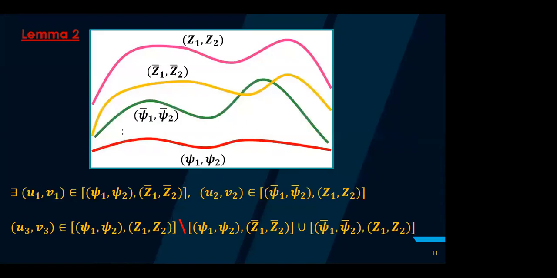Here is the second lemma that I want to state. If we have a small sub-solution psi1, psi2 and a bigger super solution z1, z2 and another strict sub and super solutions in between those two, such that the sup norm of the strict sub-solution is bigger than the sup norm of the strict super solution at least at one point in the domain, then the conclusion is that you have a solution u1, v1 in this particular ordered interval, and u2, v2 another solution in this particular ordered interval.